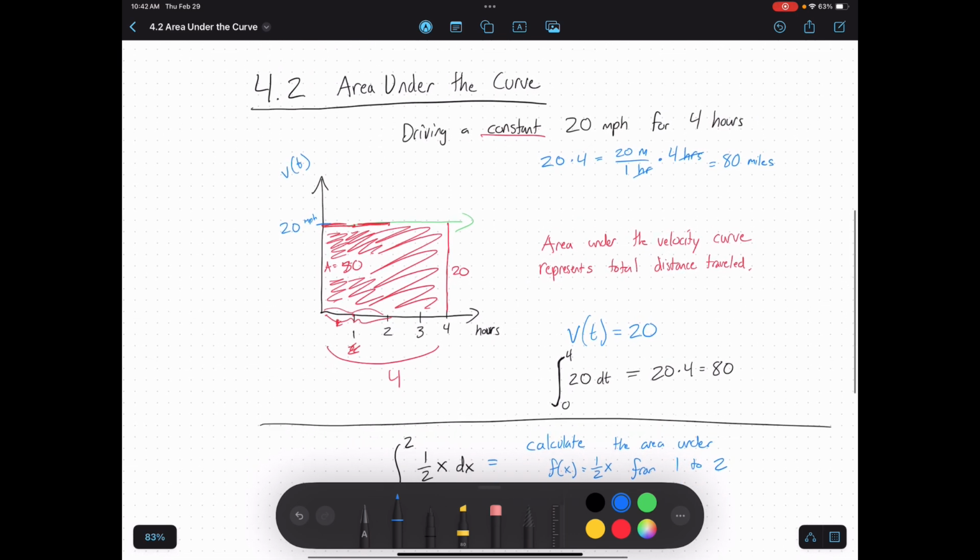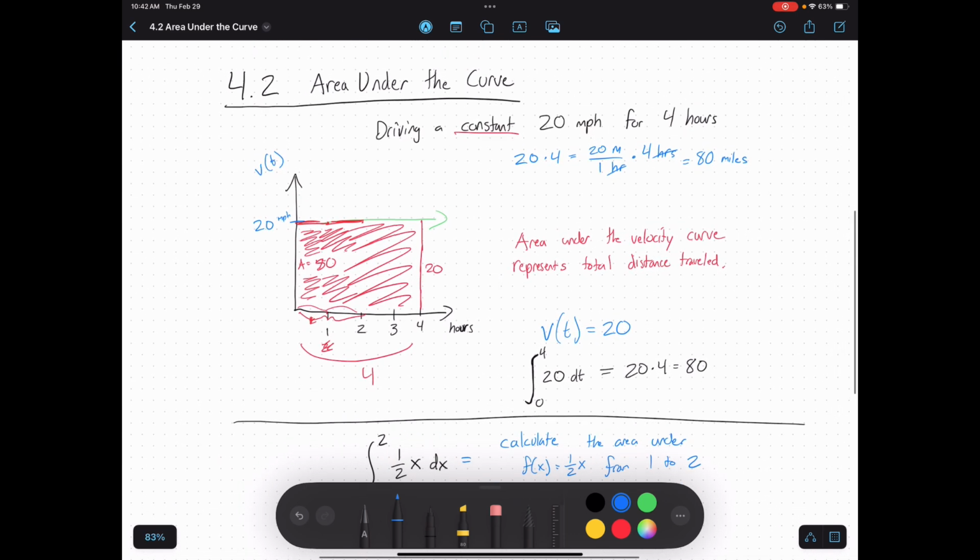Now I want to point something out. When I'm talking area under the curve, you'll notice that I didn't go from my curve all the way down to negative infinity, right? Where did I stop? I stopped at the x-axis.